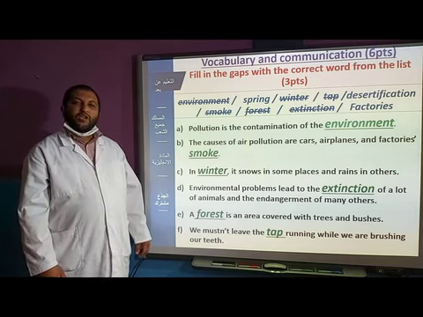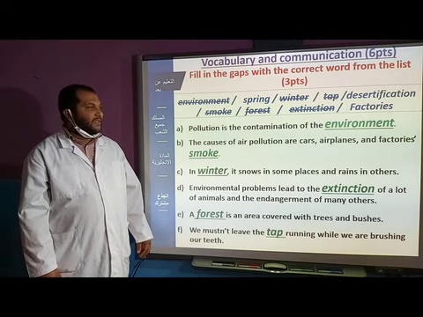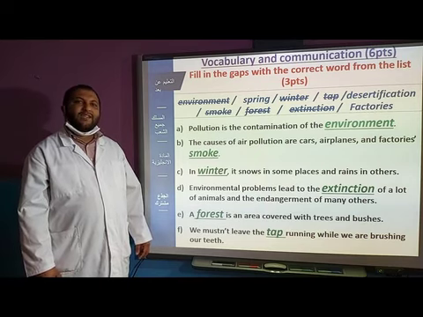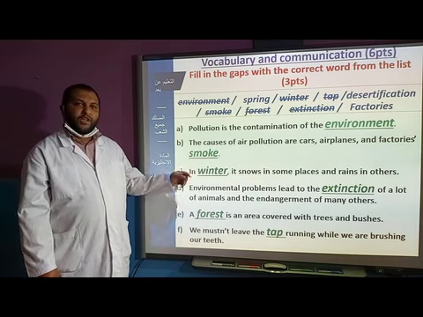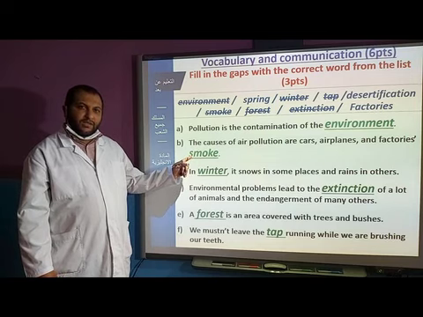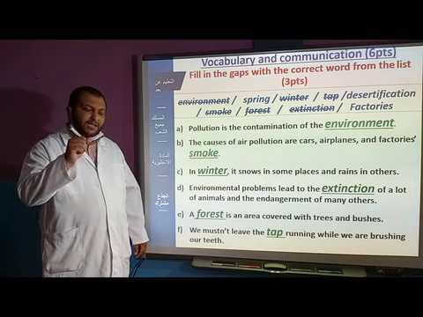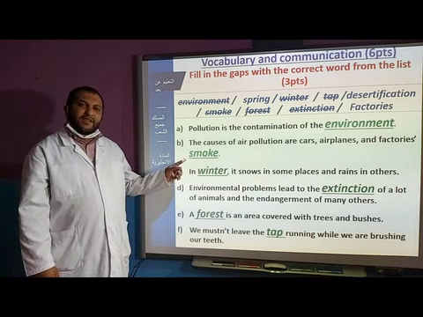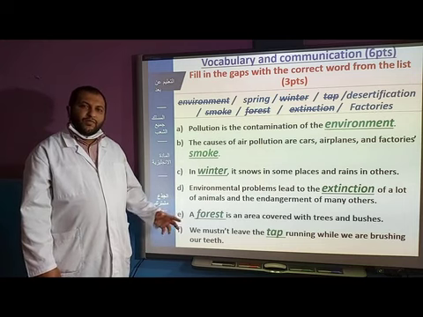B. The causes of air pollution are cars, airplanes, and factories, smoke. Do you remember a synonym of the word smoke? We dealt with it during the lesson session. Yes, please? Great. It is fume. We talk about smoke or fume.